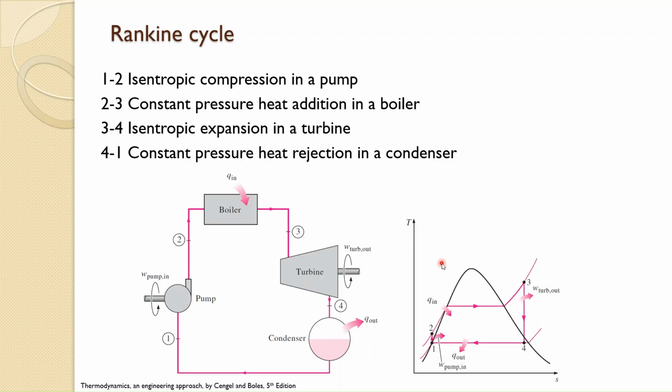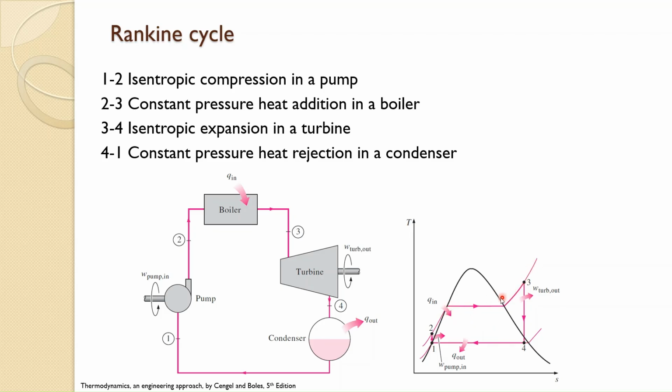If we look into the TS diagram for these four different processes, you can see that from state 1 to 2 and from state 3 to 4, you have two vertical lines because, as we mentioned, these two processes are isentropic. The heat addition and rejection in the boiler and condenser, respectively, occur at constant pressure.